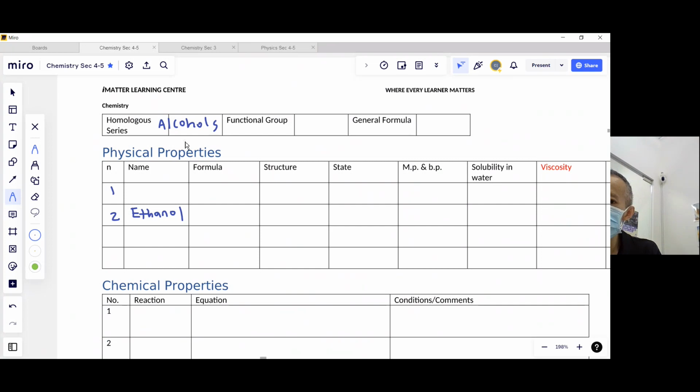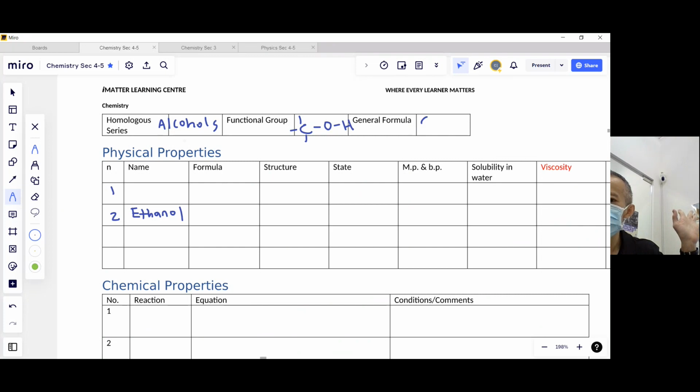You look for OH attached to a carbon. It must be attached to a carbon. It's not sodium hydroxide or potassium hydroxide. Those are not counted.